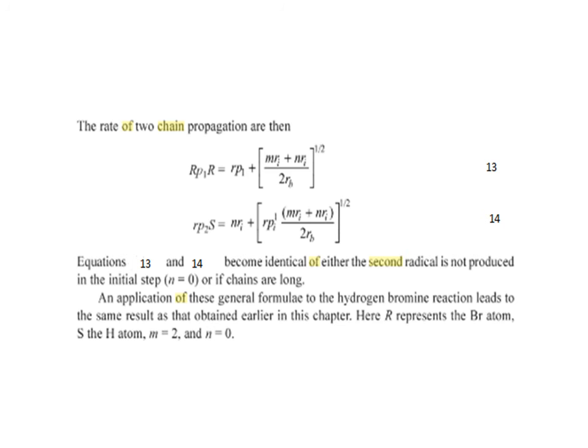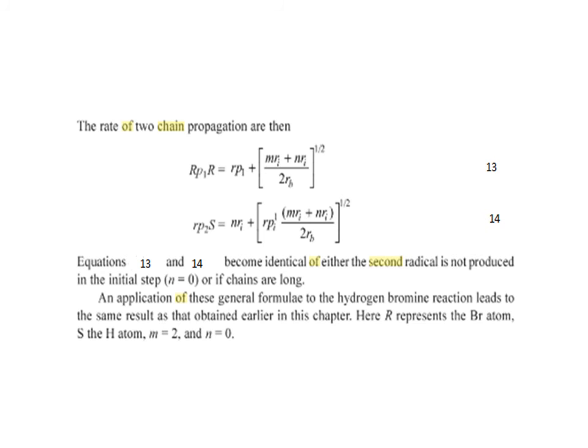Now equations 13 and 14 become identical to each other either if the second radical is not produced in the initiation step, then n is equal to 0, or if chains are long.